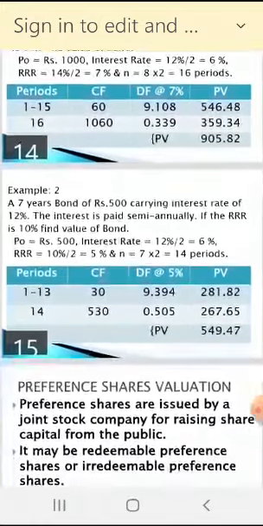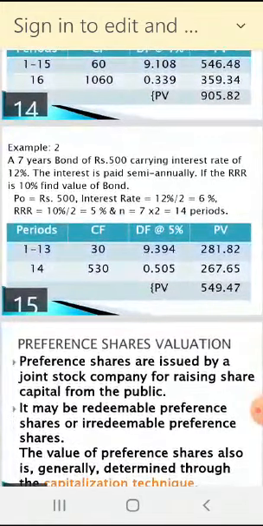Please concentrate well. Example number 2. A 7-year bond of rupees 500 carrying an interest rate of 12%. The interest is paid semi-annually. If the required rate of return is 10%, find the value of the bond.